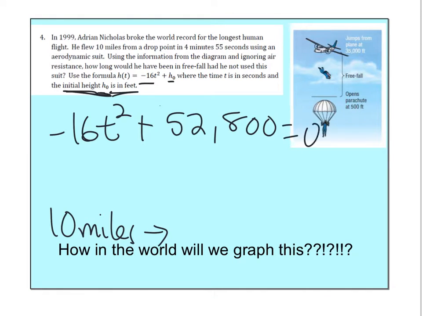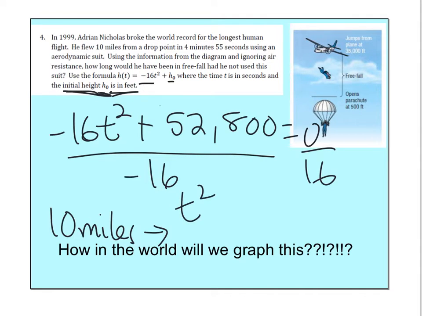So basically, where does that equal 0? So, what I would do is take everything and divide it by 16 if I can. I'm not 100% sure I can, but I think so. So that means t squared minus 3,300 equals 0.